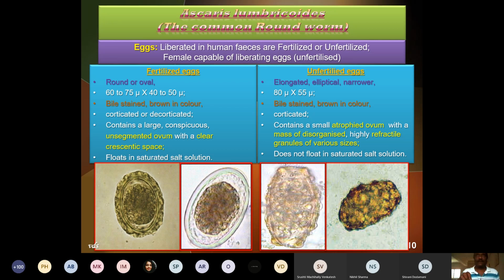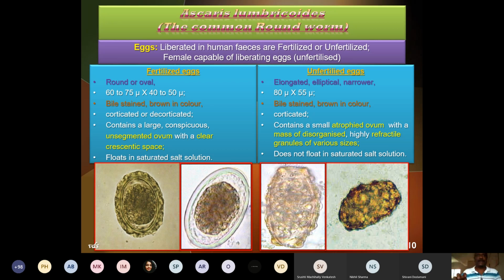So inside there is just a small atrophied ovum, and the whole egg is filled with small disorganized granular masses, and there is no space in between. And that's why this egg becomes much heavier as compared to the fertilized egg, which has a crescentic space.